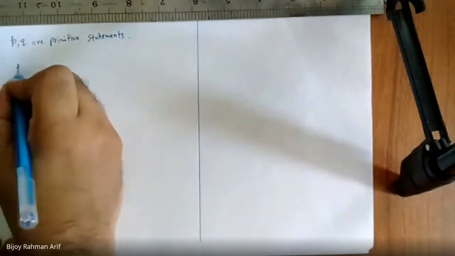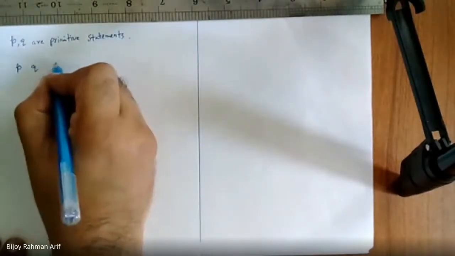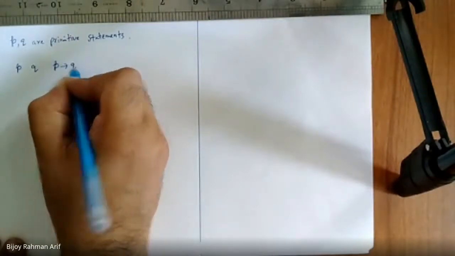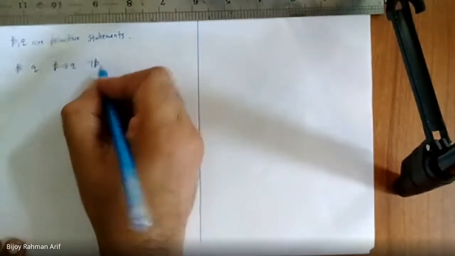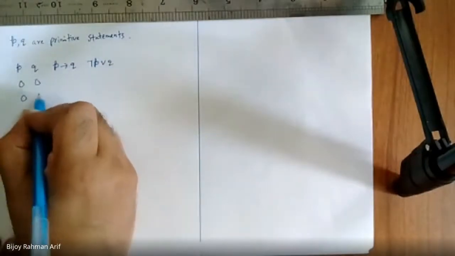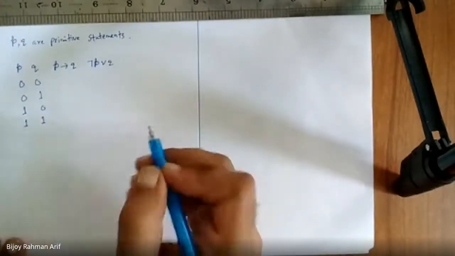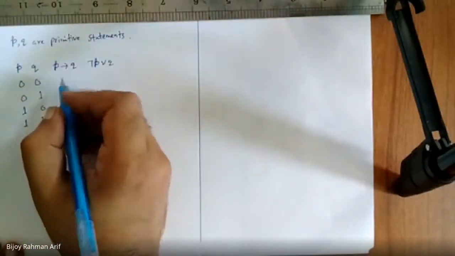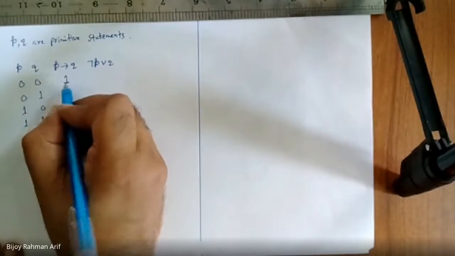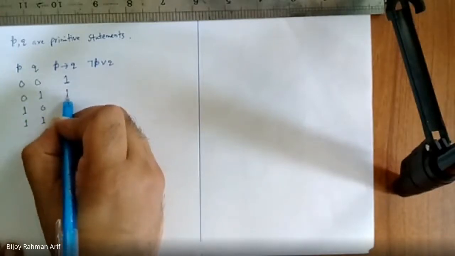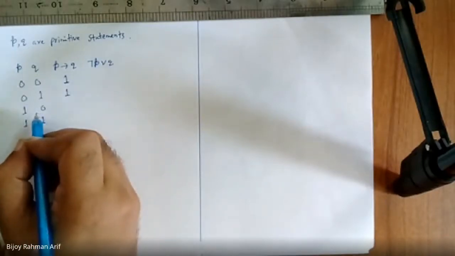Now see, P, Q, P implies Q, not P or Q. 0, 0, 0, 1, 1, 0, 1, 1. What is the truth value for this? 1. This one is 1.